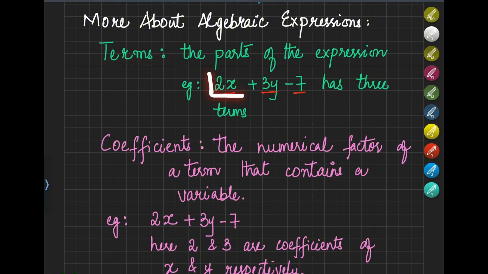If this is an algebraic expression 2x plus 3y minus 7, then 2x, 3y and minus 7 are the terms of the algebraic expression, which are being connected with each other with mathematical operations of addition and subtraction. So here in this expression there are three terms. So terms are basically the parts of the expression.